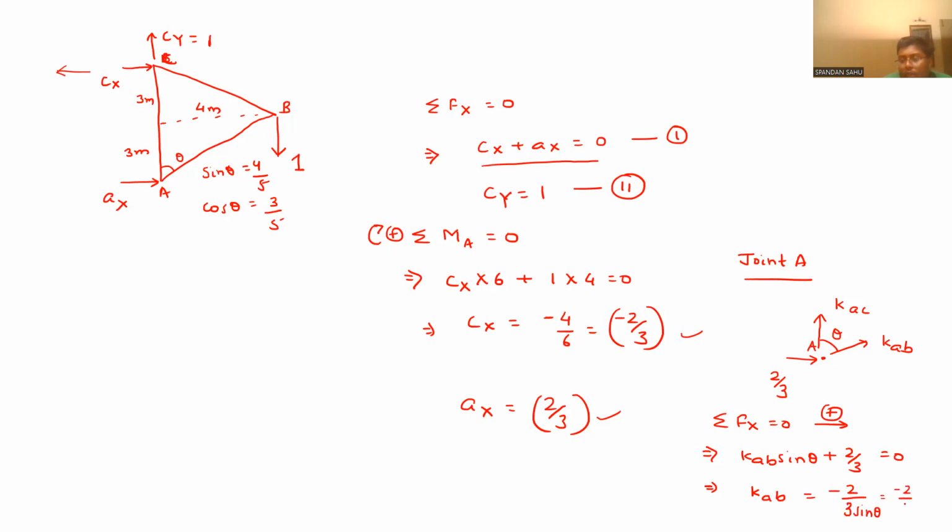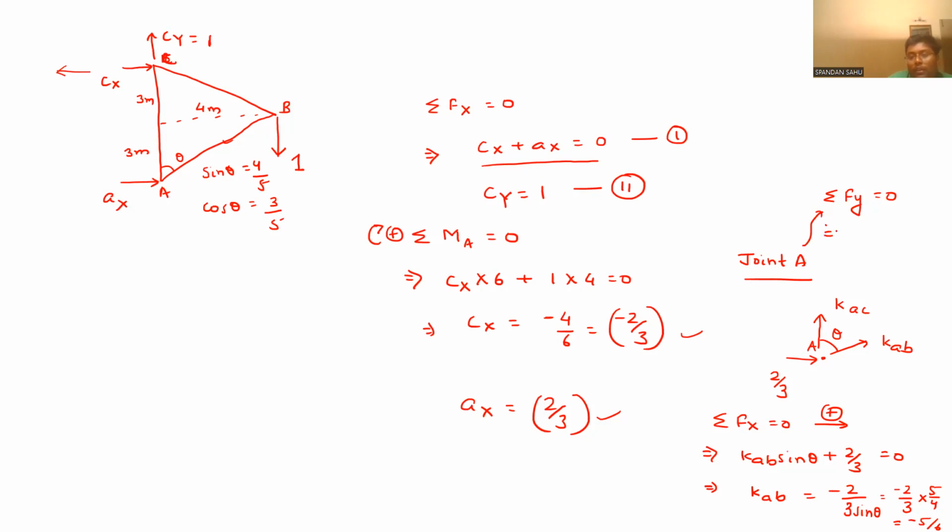So minus 2 by 3, sine theta value is 4 by 5. So when we are taking it upward, it will be 5 by 4 into minus 1 by 2, so minus 10 by 12. So we are getting minus 5 by 6. So we got KAB.